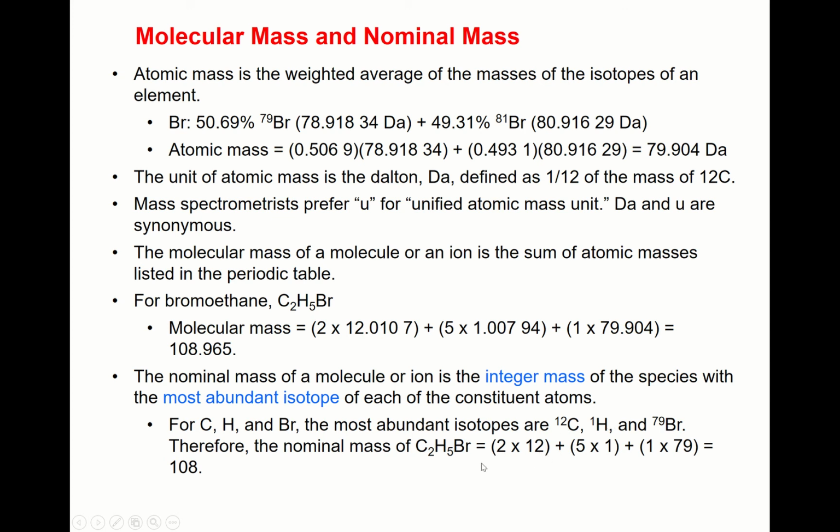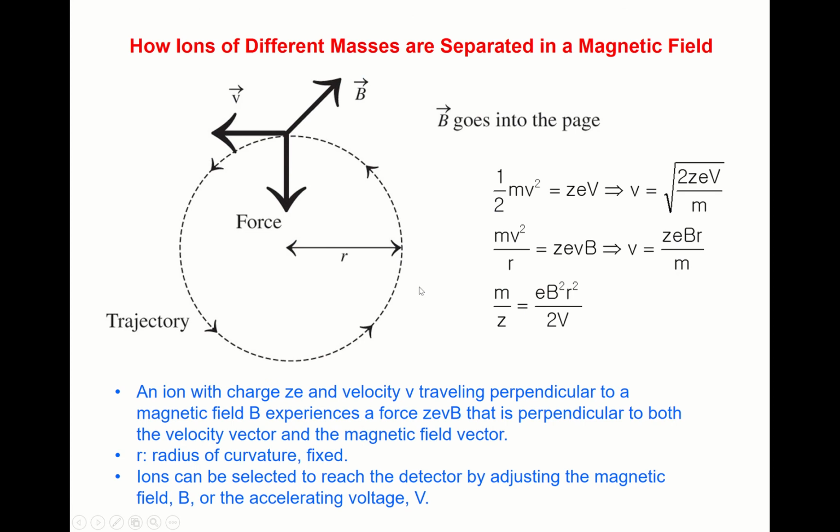The nominal mass of this bromoethane is 108. But if it contains only bromine with mass number 81, the mass number will increase to 110. So you have to differentiate the molecular mass and the nominal mass.